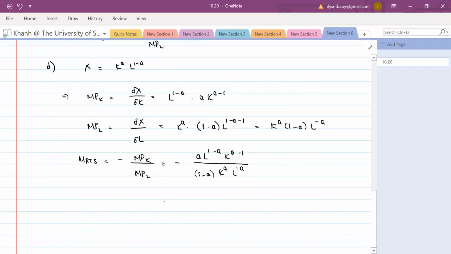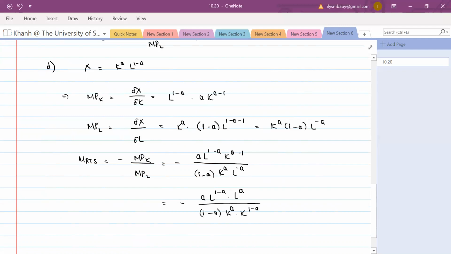So what I want to do is to try to get rid of all the negative signs on the power. So if I move L to the negative a to the numerator, I get L to the 1 minus a times L to the a. And if I move k to the denominator, I get 1 minus a, k to the a times k to the 1 minus a.